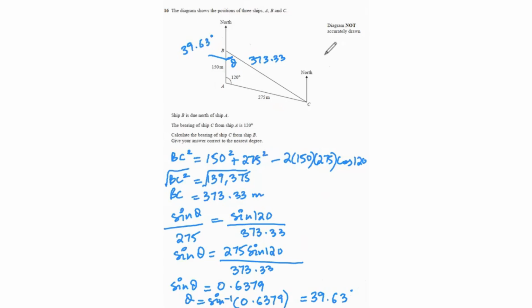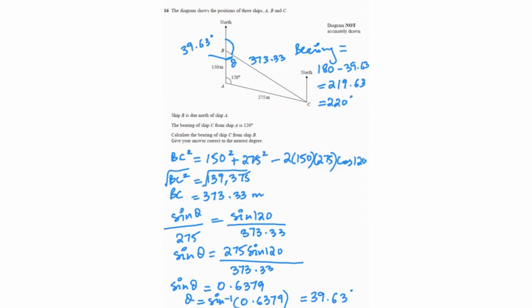For the bearing of ship C from B, that's this. So our bearing is going to be 180 minus 39.63, which equals 219.63. We want the bearing correct to the nearest degree, which is going to be 220 degrees.